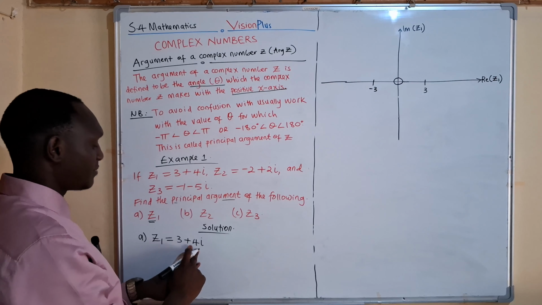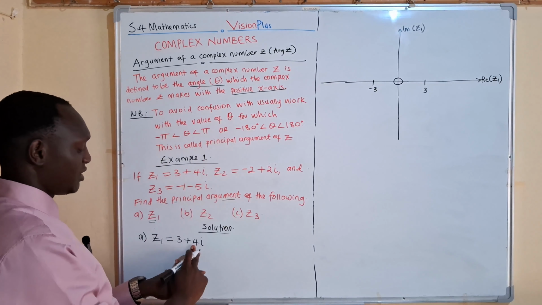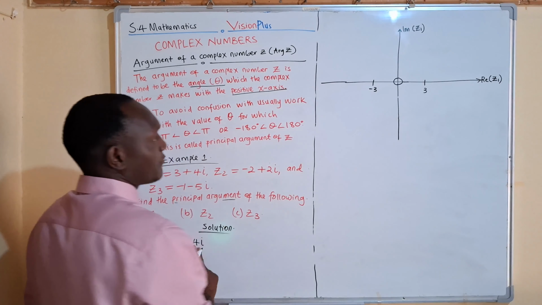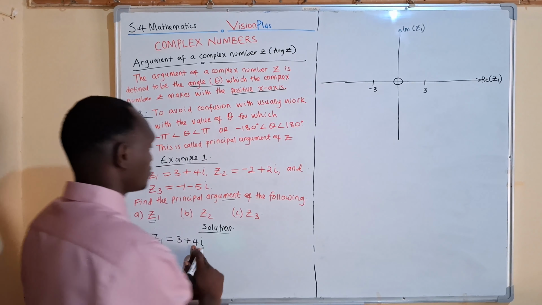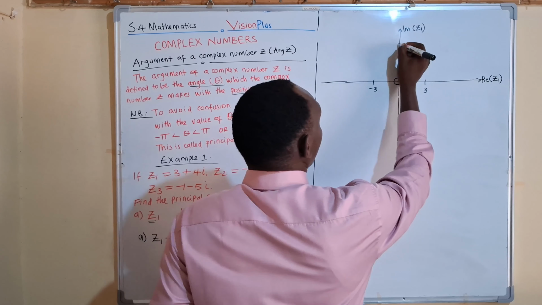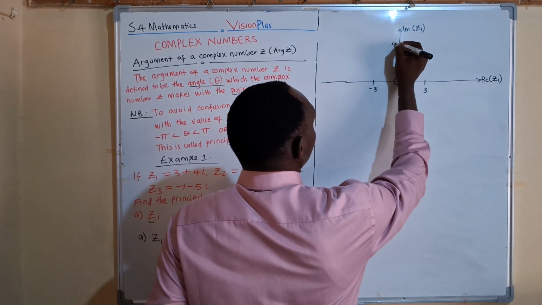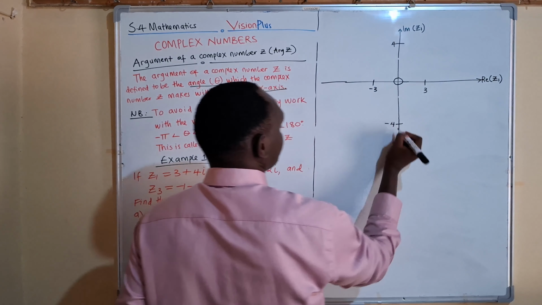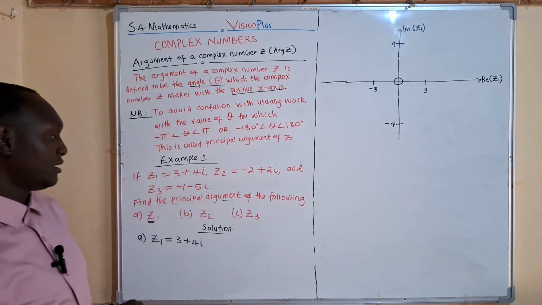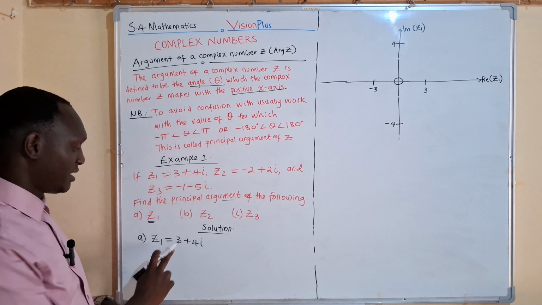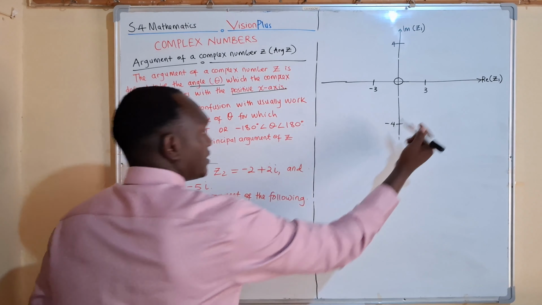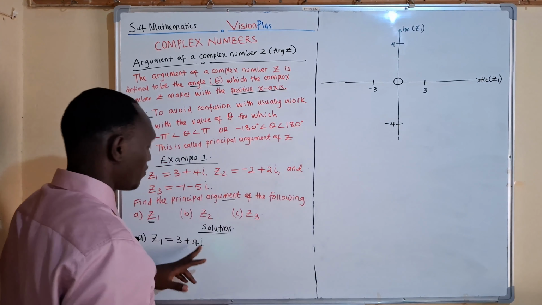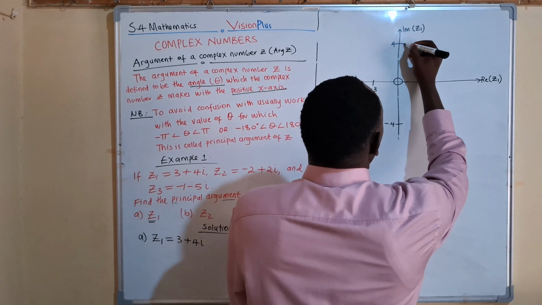And then on the imaginary part, which is on the vertical axis, we need to represent 4. But 4 is bigger than 3, so we make it further away from the origin than 3. This is negative 4. Then you get the point of intersection of positive 3 on the real axis and positive 4 on the imaginary axis.